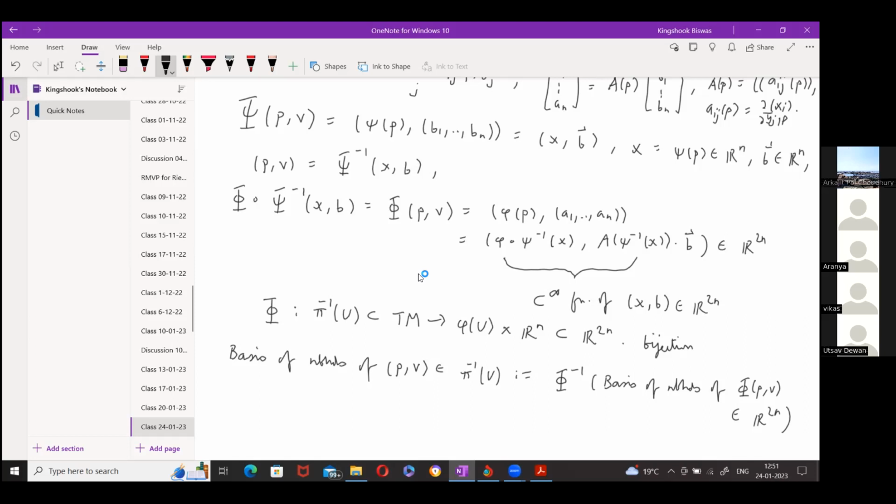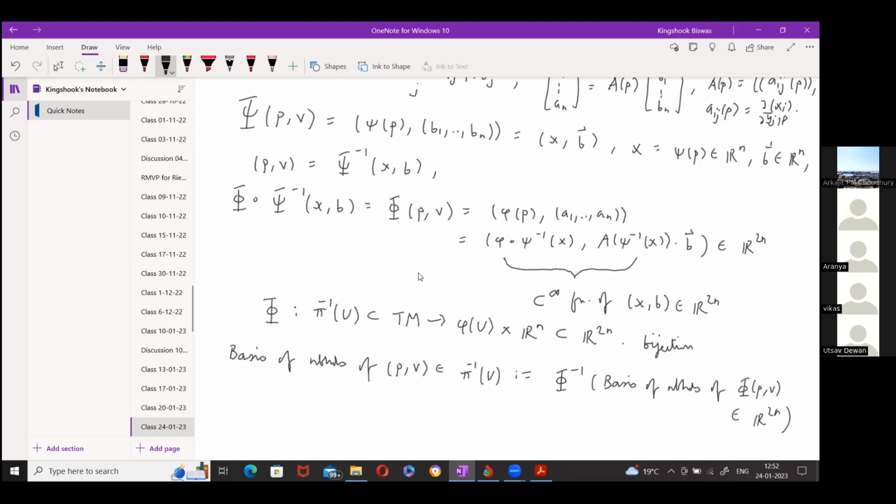So that means you can define a topology, and it's not hard to check that this topology will be second countable and Hausdorff. You try and verify that. And once you define this topology, then by definition capital phi becomes a homeomorphism, because it takes neighborhoods here to neighborhoods here.